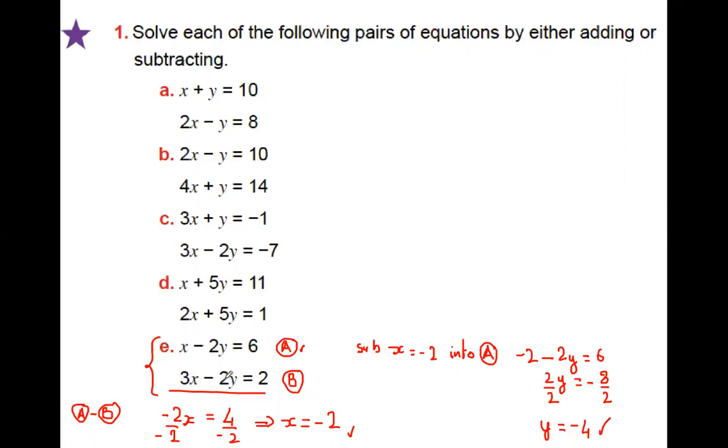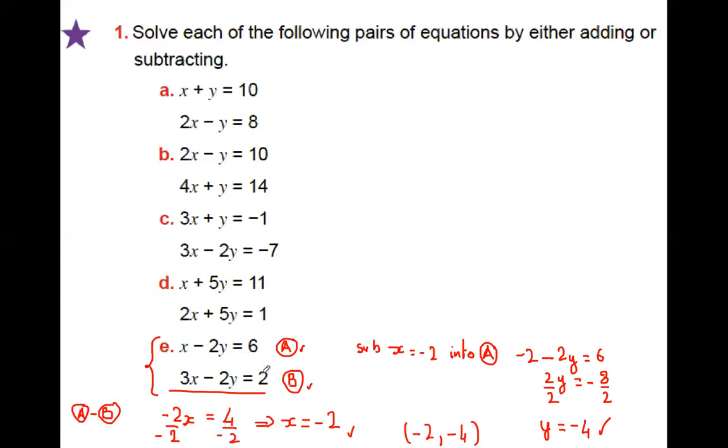So -6 plus 8 again is 2. So I know it works. So I know my solution here. If you want to write it as x and y coordinates, it's up to you. You don't have to. X equal -2 and y equal -4 is the solution to these simultaneous equations.